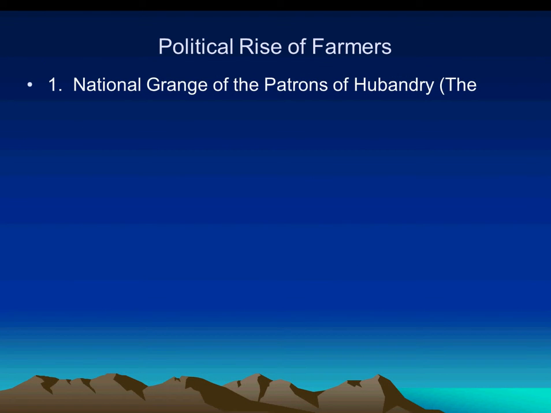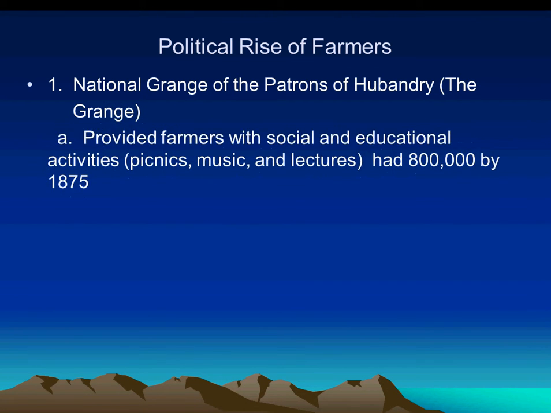The National Grange, or the Patrons of Husbandry, was formed in the West, also called the Grange. In fact, this organization still exists in some of the western states. Initially, it was a way for farmers to get together socially and have parties and picnics and lectures. It also educated farmers on how to be a better farmer.